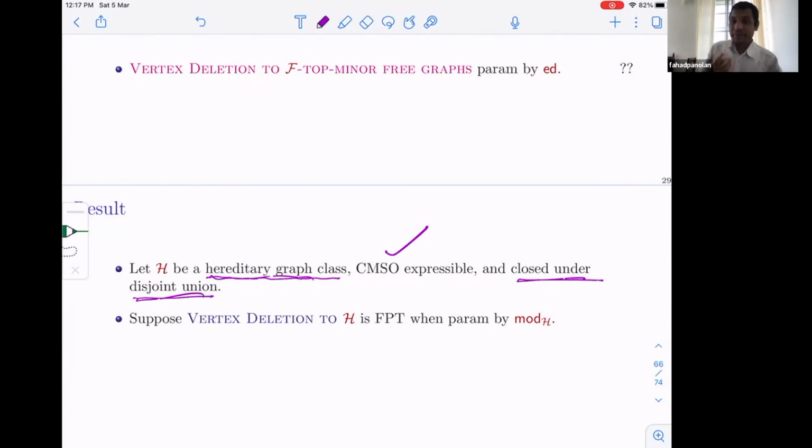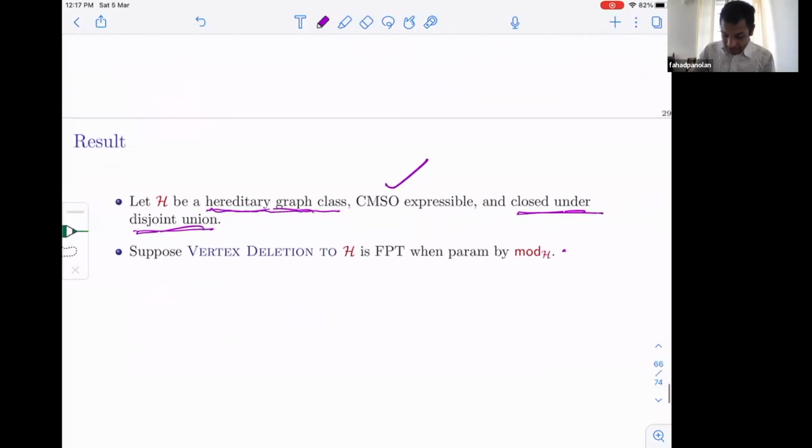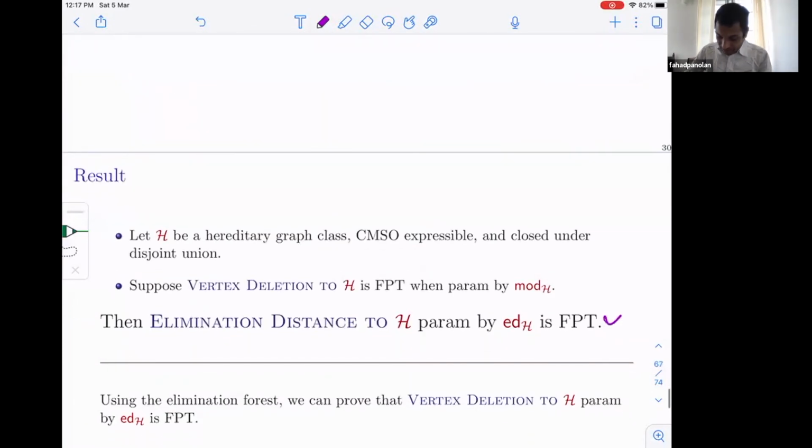And then we will get a more general result, not necessarily just for F topological minor free graphs: take any graph class H which is hereditary, CMSO expressible and closed under disjoint union, then vertex deletion to H is FPT parameterized by the modulator. And this condition is there because we want to invoke at the end the deletion version of the problem, and then we will be able to get this.